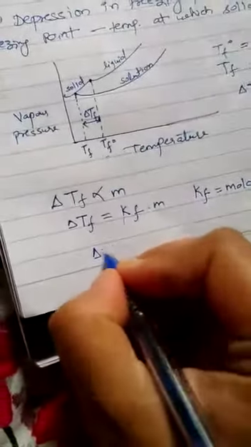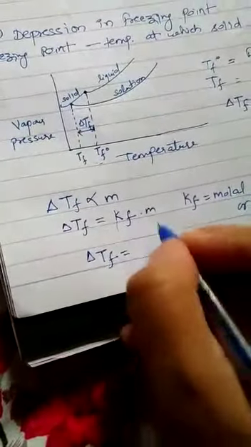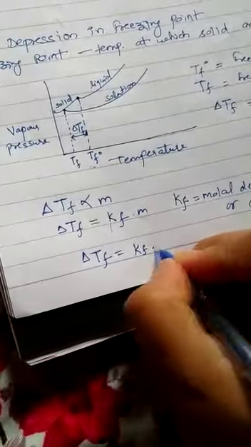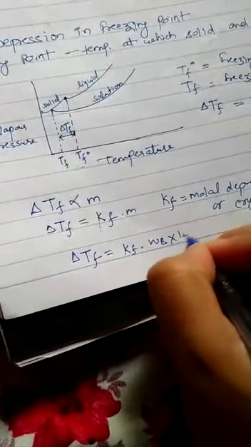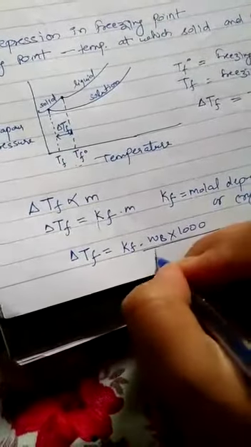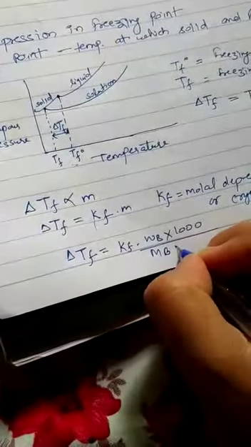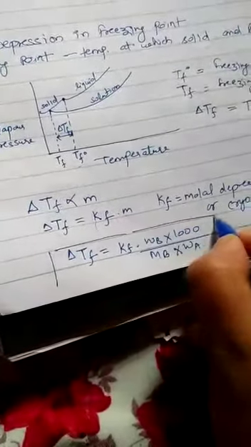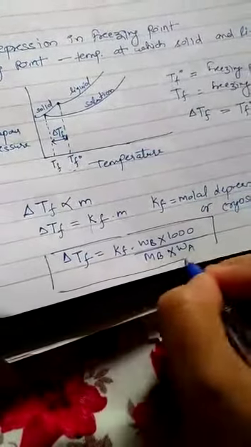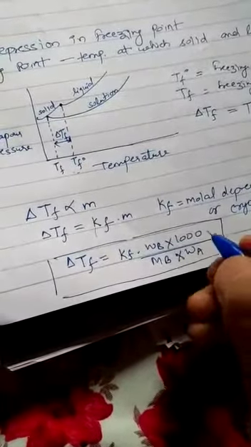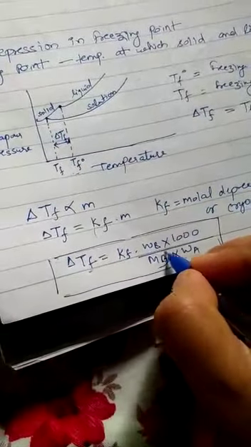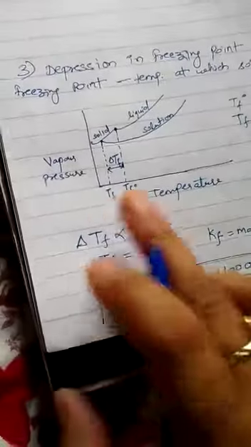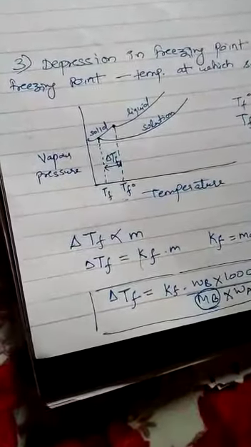And here delta Tf, on putting the value of molality, will be Kf into WB into 1000 divided by MB into WA. So this is the formula for depression in freezing point, and as it depends upon the number of moles of solute particles, that's why this is a colligative property.